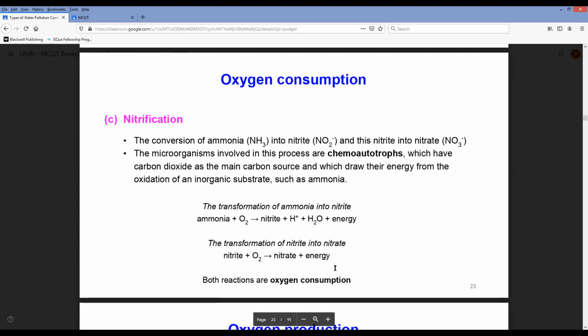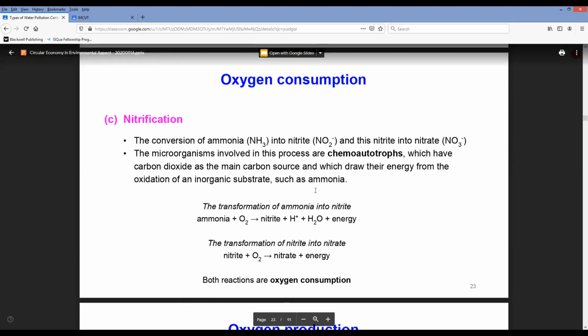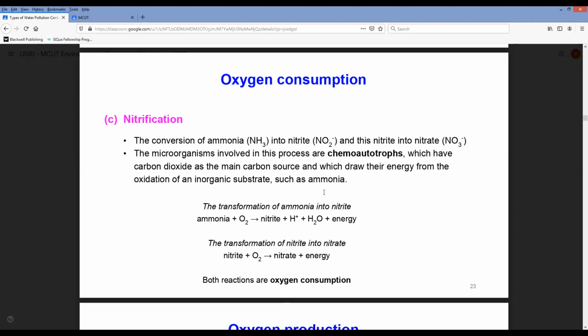Into the nitrite, and the nitrite into the nitrate. This is the process of the ammonia being converted. The microorganisms involved in this process are chemoautotrophs, which use carbon dioxide as the main carbon source and draw their energy from the oxidation of an inorganic substrate such as ammonia.